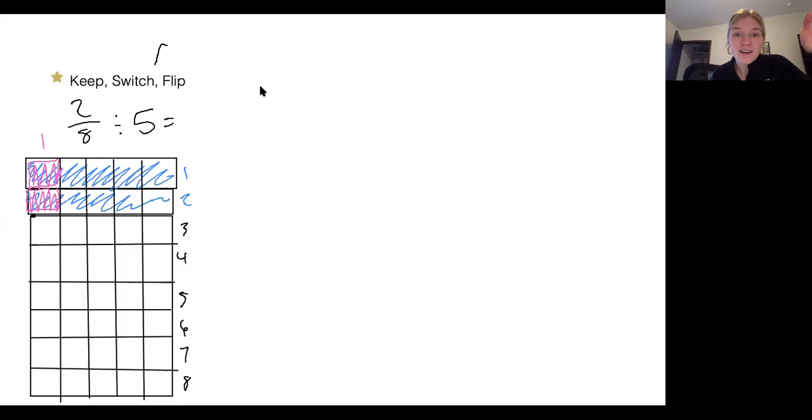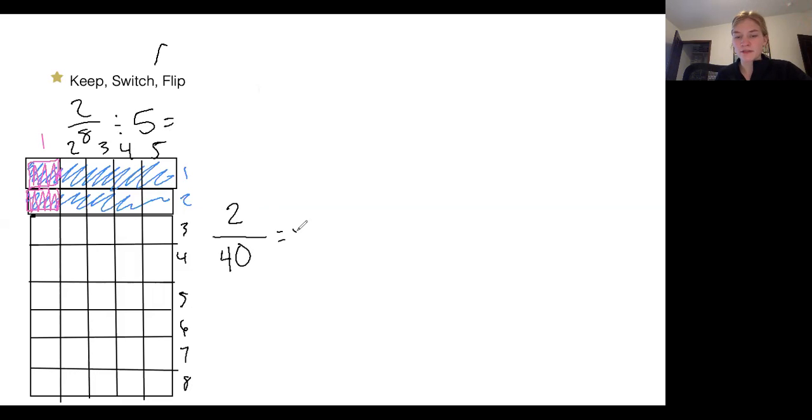So if I wanted to solve this, or give you a visual representation of what we're actually doing here, I would need to figure out the fraction for this. Well, there are 2 final pieces that are shaded out of how many total? Well, this is an array, so I just have to take the rows times the columns. So there's 5 columns times the 8 rows, which is equal to 40.